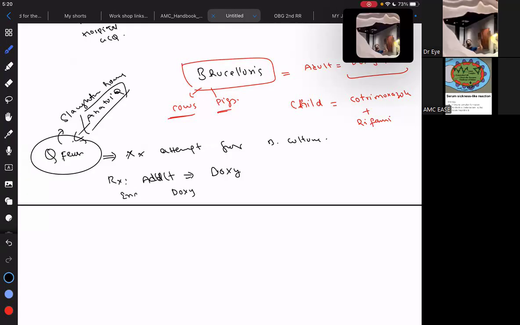If it results in endocarditis, we have to go for doxy plus clindamycin or rifampicin, just like the case of brucellosis. If the patient is less than 8 years old, we can go for just cotrimoxazole. We don't add rifampicin over here.